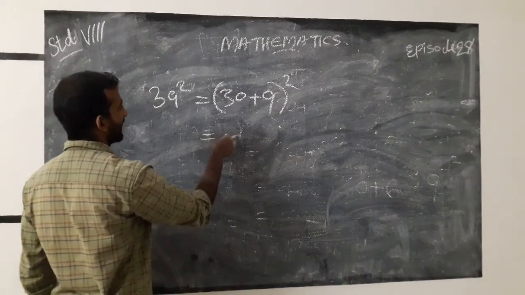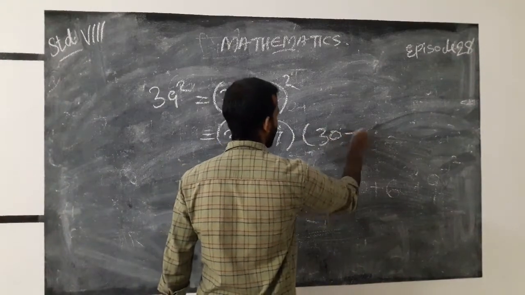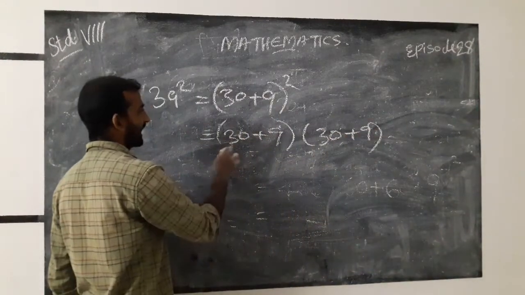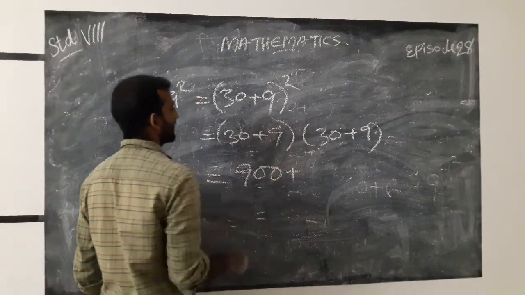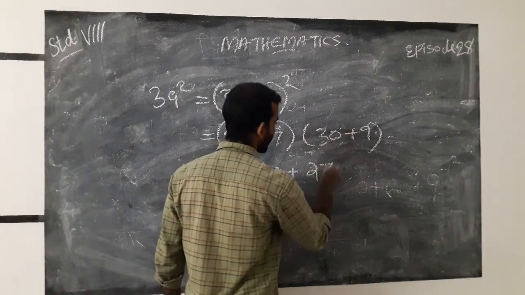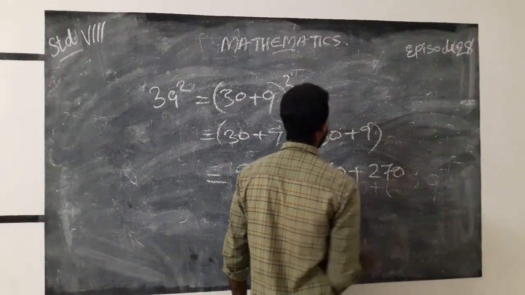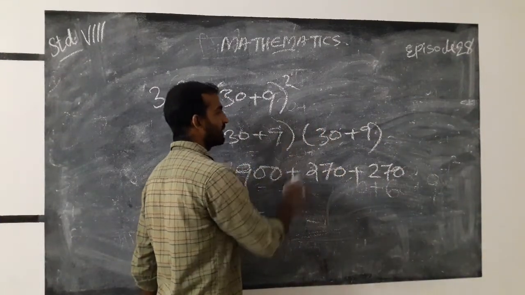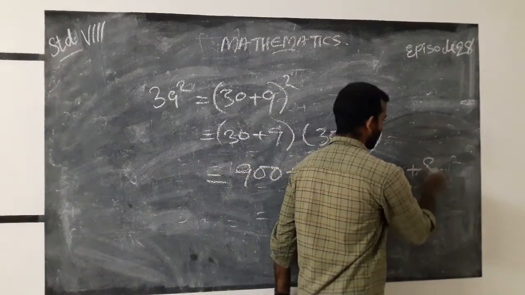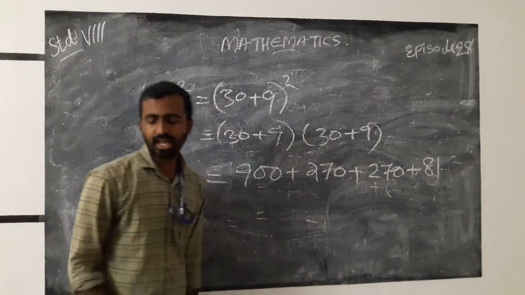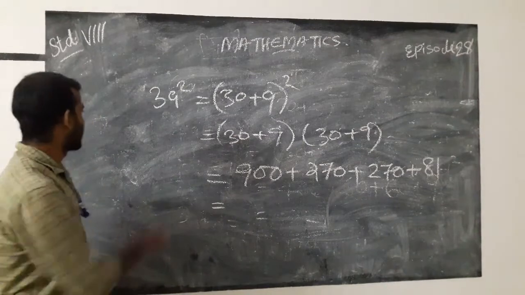That is 30 plus 9 into 30 plus 9. We multiply 30 into 30, we get 900 plus 30 into 9, 270 plus also here 270. That is 30 into 9, 3 into 9, 27, we put the 0 in unit place. Plus 81. Then we add these.